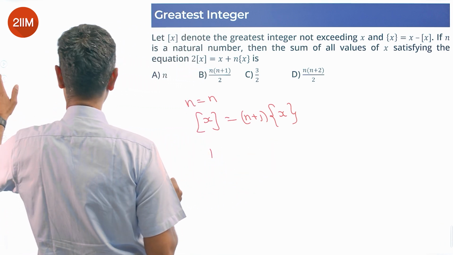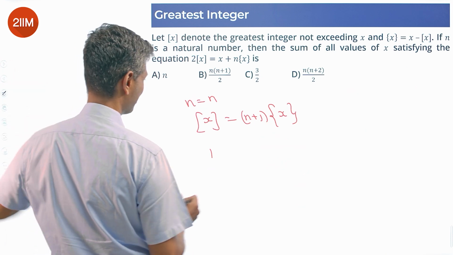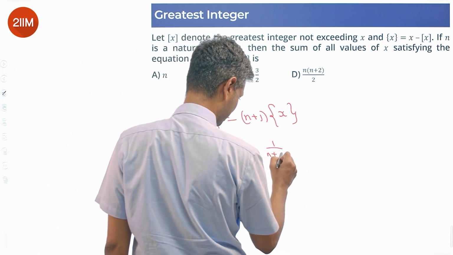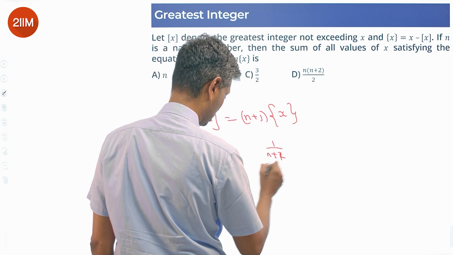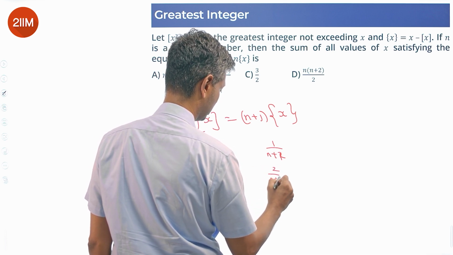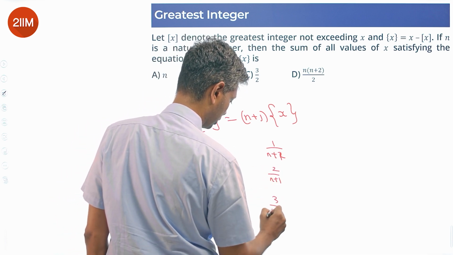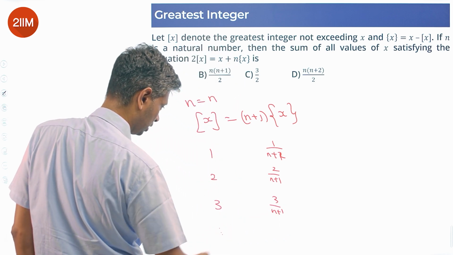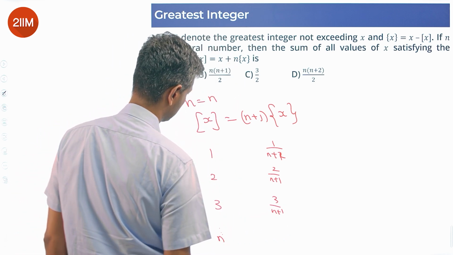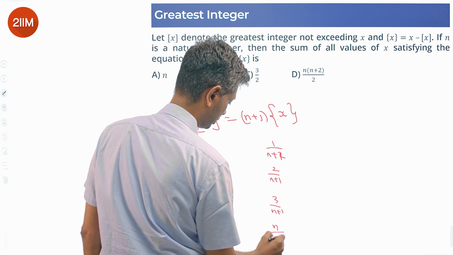I'm just pausing to see what it should be. It should be 1 by n plus 1, n plus 1, 2, 2 by n plus 1, 3, 3 by n plus 1, all the way till n. This is n by n plus 1.